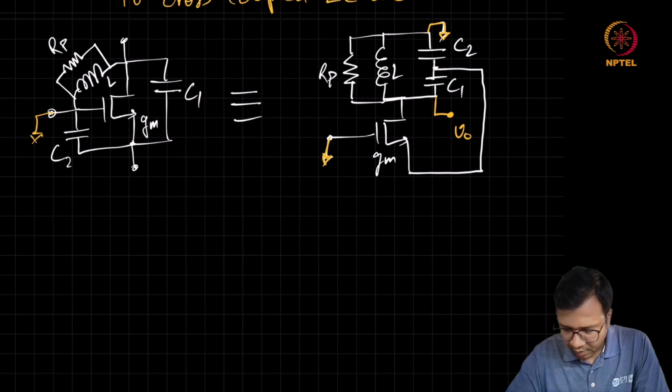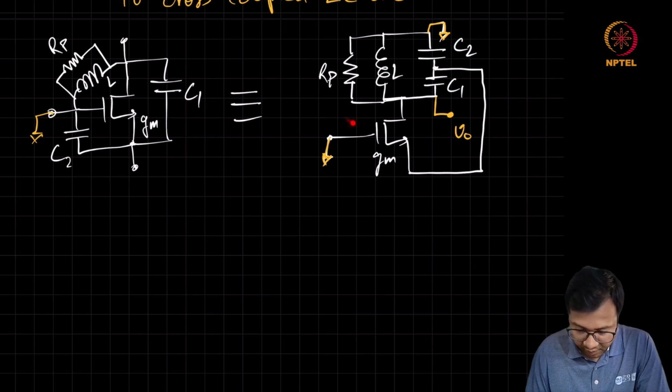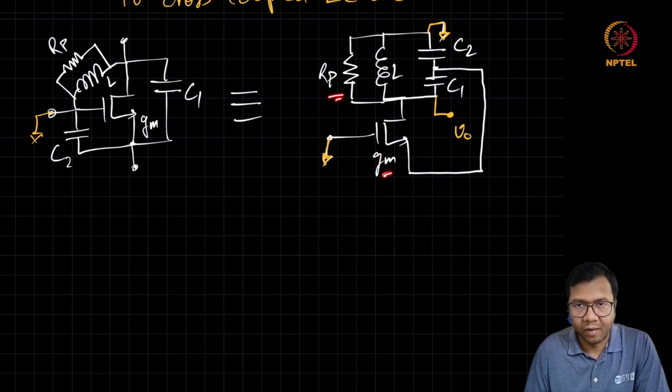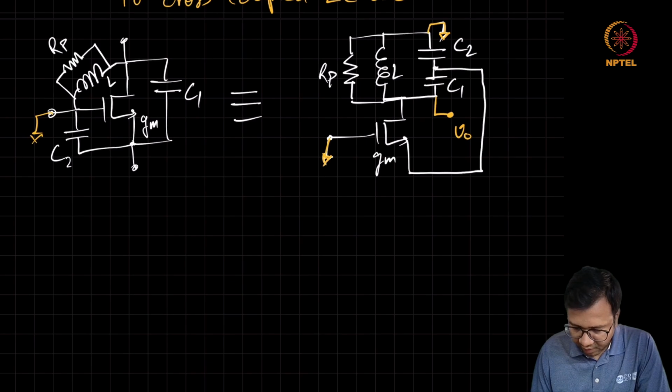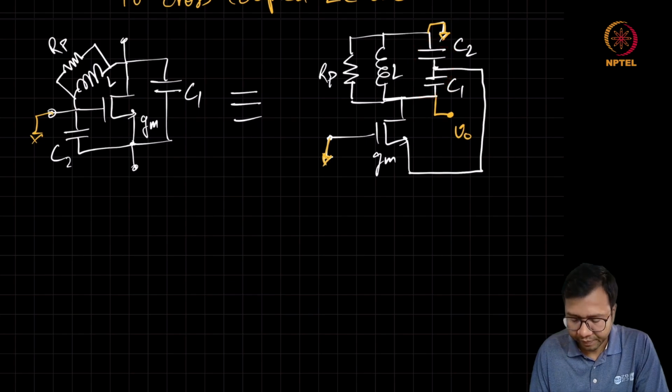So to understand the requirement of GM with respect to this loss which is present in the tank, let us do a simplification where we can find out this voltage which is appearing at the source node of the MOSFET to be just the voltage division of this C1 and C2, and we will be ignoring the loading which is present at this node because of the MOSFET. So there will be some current which will flow in the source node of this MOSFET.